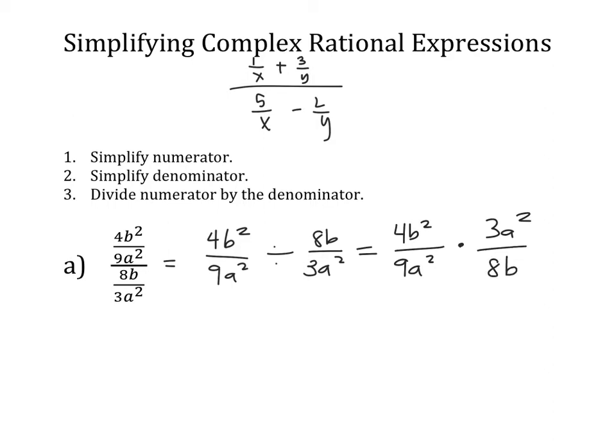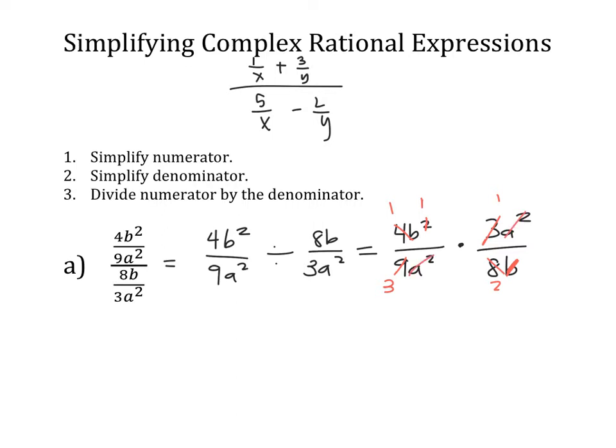From here, I can simplify pretty easily. 4 and 8, I can reduce that to 1 and 2. B squared and b, I know this b is out because it's a smaller exponent. This will become b to the first power. 3 and 9 can simplify to 1 and 3. And then a squared and a squared, those actually cancel each other out completely, right?